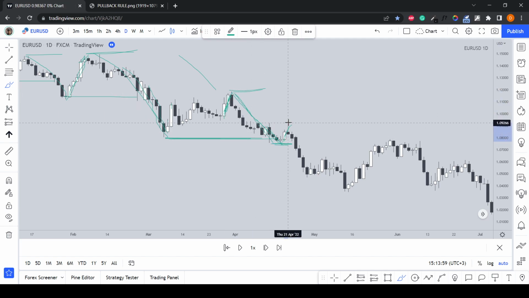Now this is the pullback, and the impulse started with this pullback, and so this is an impulse. Again, push, pullback, impulse, breaks to the other side, came from here, and so on and so on. So this is just a teaser, and it's time to move to the second part.